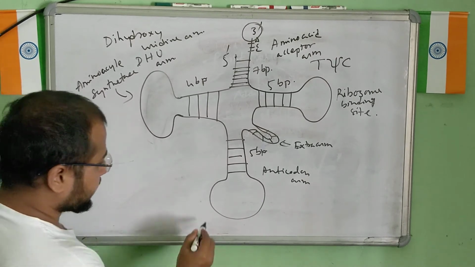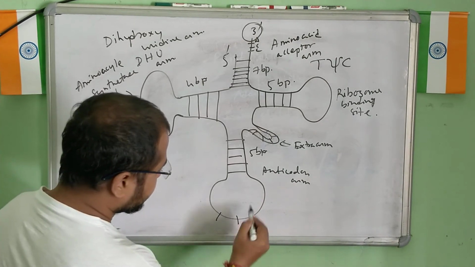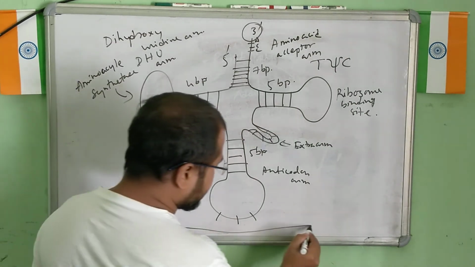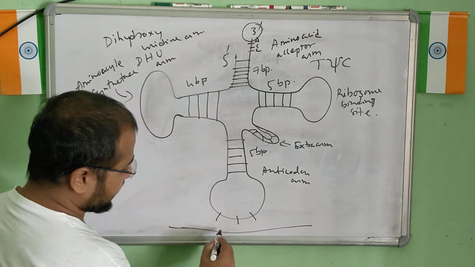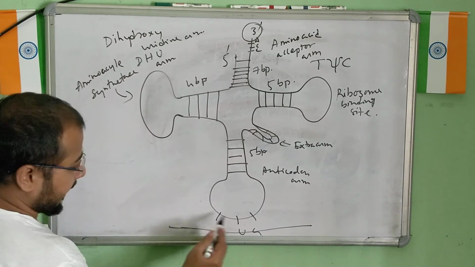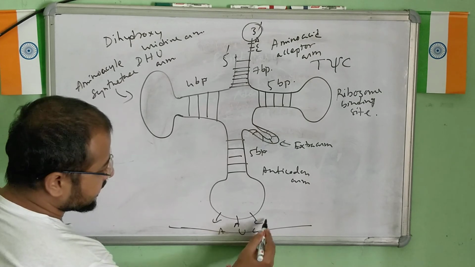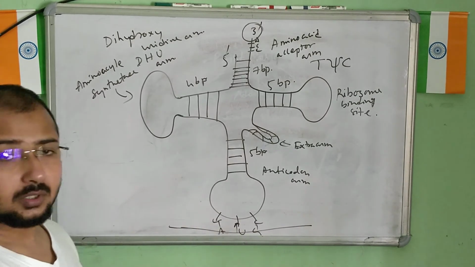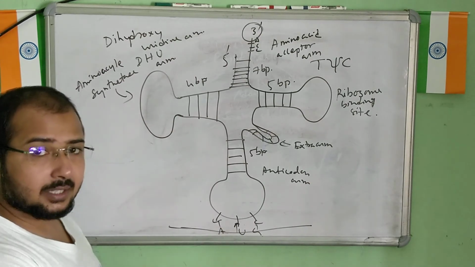Here the anticodons are there depending on the mRNA. Suppose the mRNA strand is here, and here I see the AUG codon in the mRNA, then the anticodon will be UAC, understood? Now there will be hydrogen bonding between them. This is how they link up in the ribosome.